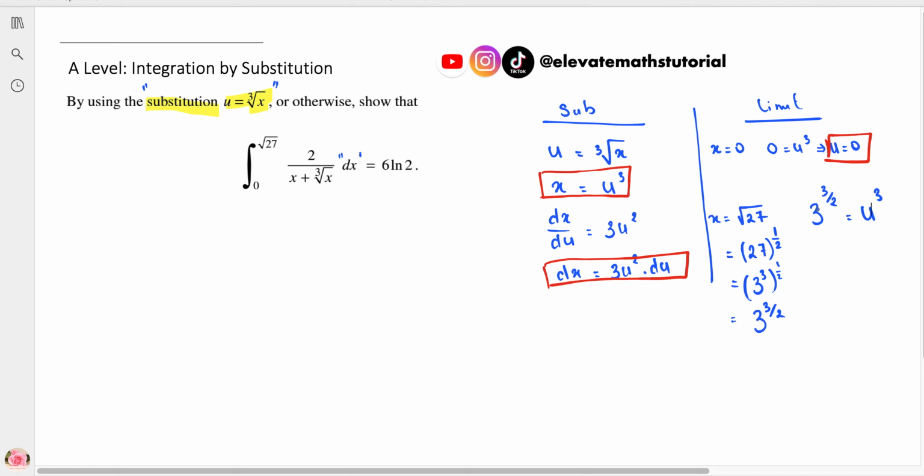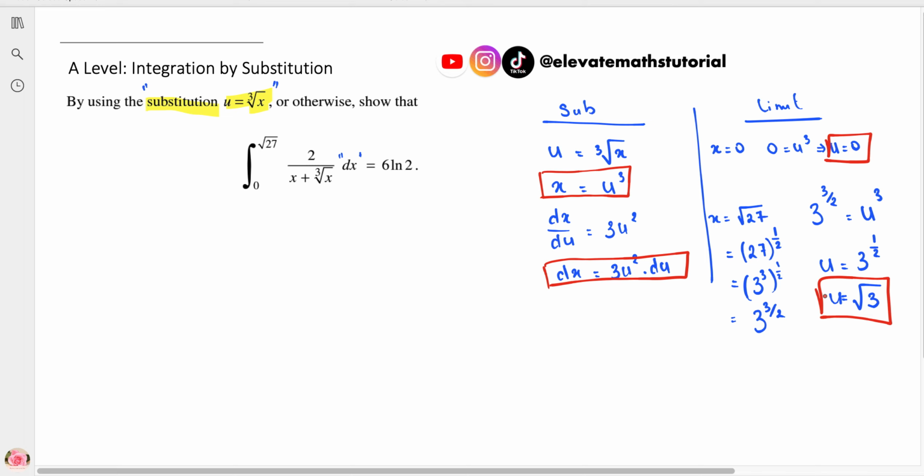So you can raise both sides to the power of a third, and you end up with u is equal to 3 to the power of a half. We can rewrite that as root 3, and that is your upper limit.